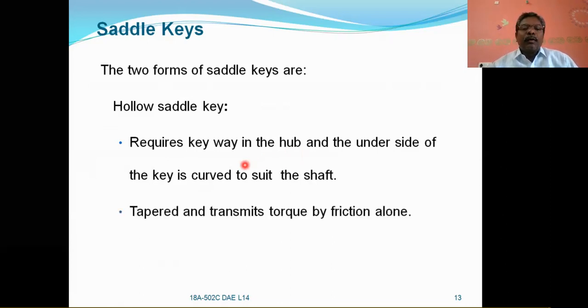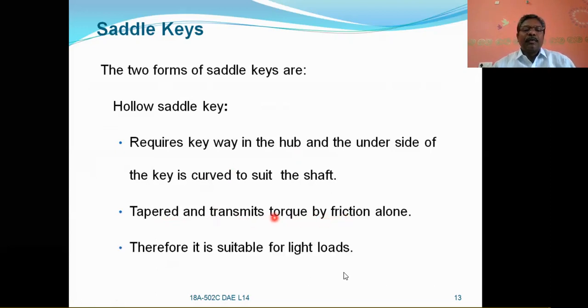It transmits torque by friction only, and therefore it is suitable for light loads only.